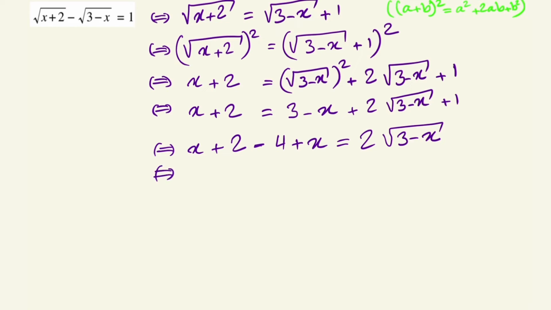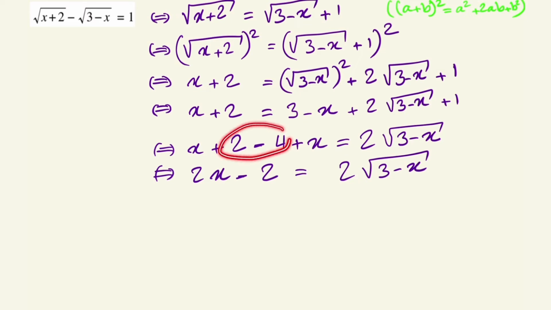So what we're going to have is 2x, this x plus this gives us 2x, minus 2 equal to square root of 3 minus x. This 2 minus 4 is just minus 2.